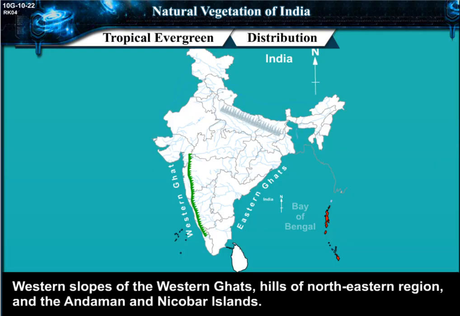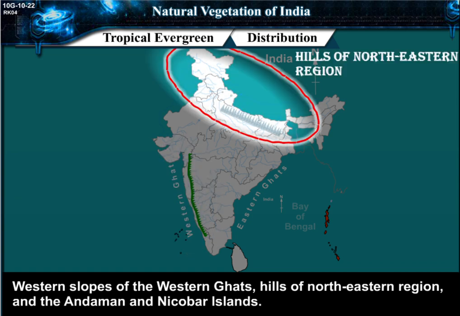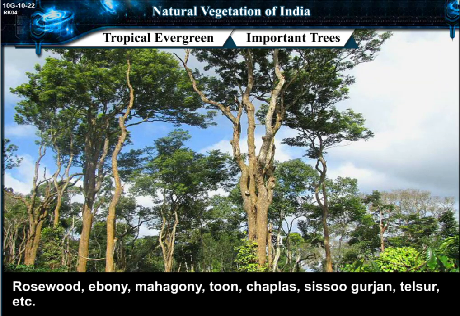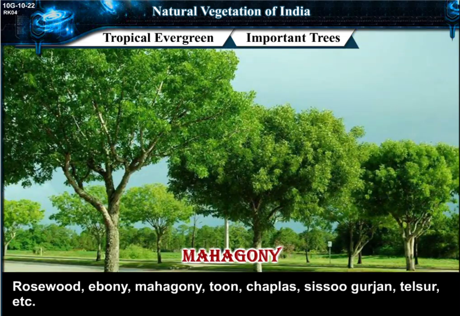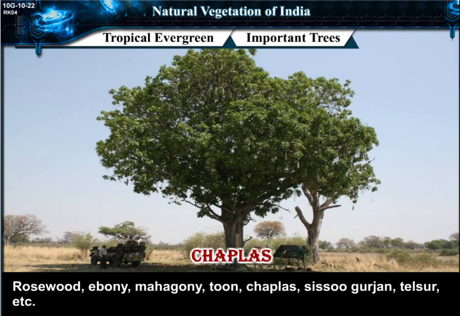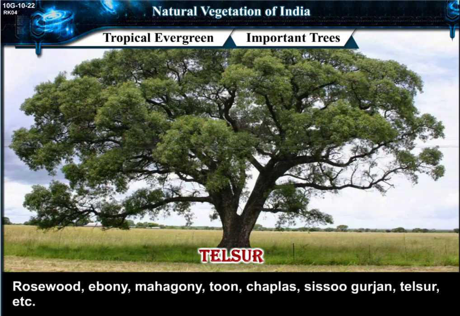The distribution of this type of vegetation is in the western slopes of the Western Ghats, hills of the northeastern region, and the Andaman and Nicobar Islands. Important trees in the tropical evergreen vegetation are rosewood, ebony, mahogany, toon, chaplas, siso, gurjan, telsur, etc.